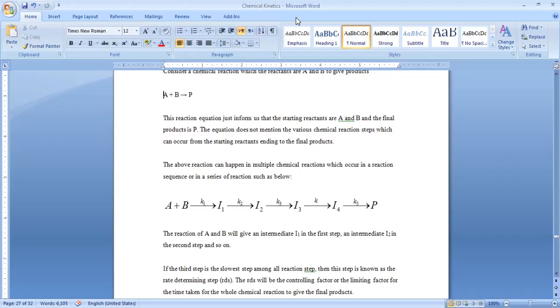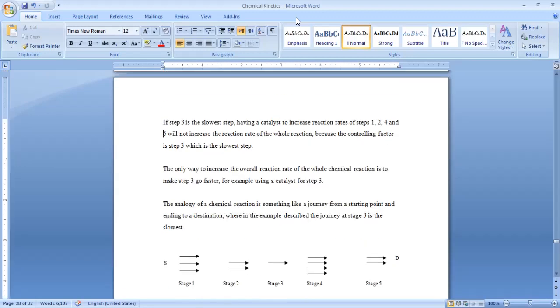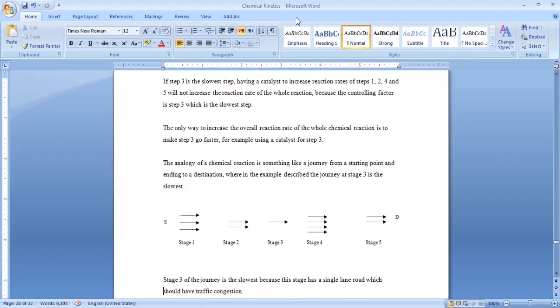For example, one analogy. Think about someone traveling from a starting point to a destination. Stage 1, stage 2, stage 3, stage 4, stage 5. Stage 1 is a 3-lane highway, stage 2 is a 2-lane highway, stage 3 is single lane, stage 4 is 4-lane, and stage 5 is 2-lane.